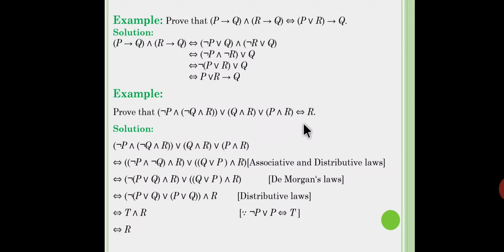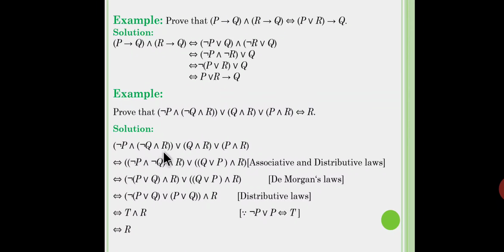Another example. Prove that (negation P and (negation Q and R)) or ((Q and R) or (P and R)) is equivalent to R. We consider the LHS of the given relation. Here we apply the associative law in the first part, since outside and inside of the parenthesis have the same connective, the conjunction operator.